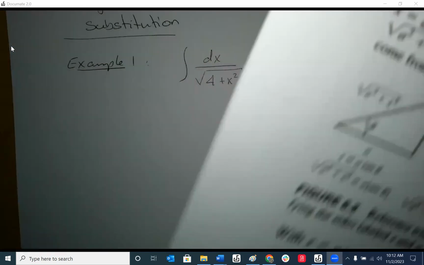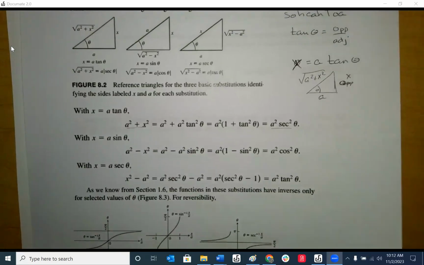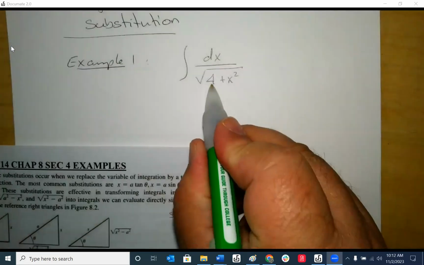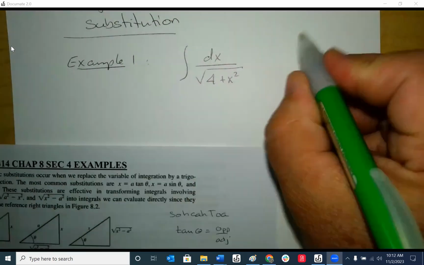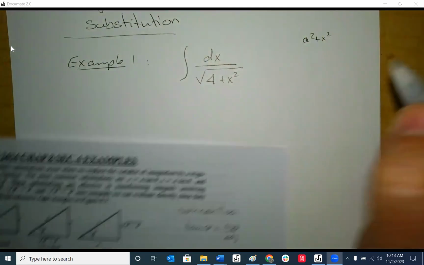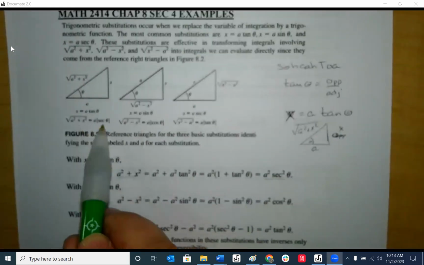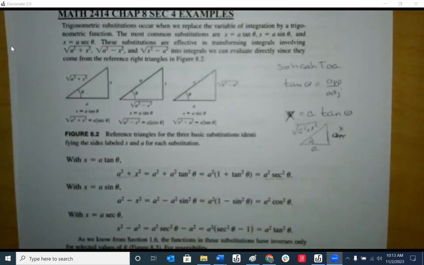What's going to help us here is trying to find which ones. So we have, this is a, so it's a squared plus x squared. So which one of these have a squared plus x squared? This one, the secant conversion.